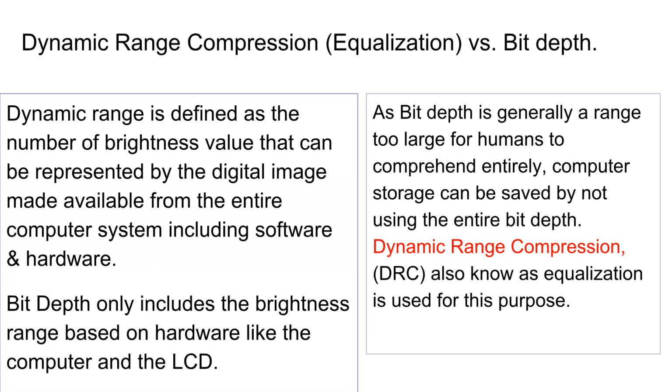Whereas bit depth is only concerning, for the most part, the electronics behind the computer system and the monitors themselves, right? The bit depth is always 2 to the power of the bit depth stated. So 2 to the 8th power, the 8 is a bit depth of 8, would represent 256 grayscales.